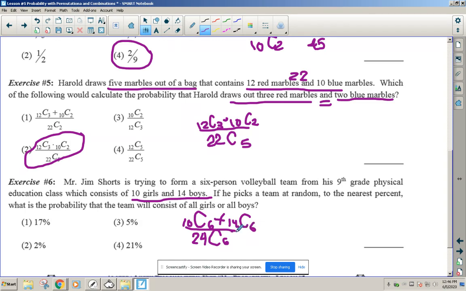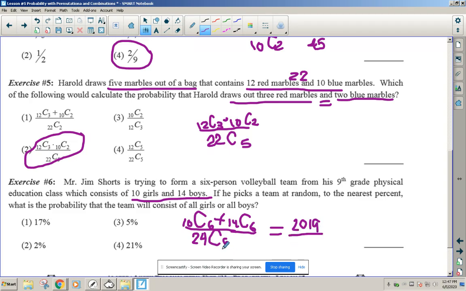So now what you need to do is type in 10C6, get an answer, 14C6, get an answer, and now you got to add those 2 up. And when you do that, you should get 2019. So that's what we want.